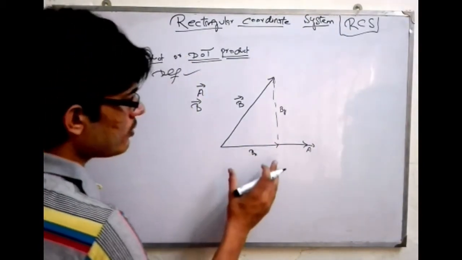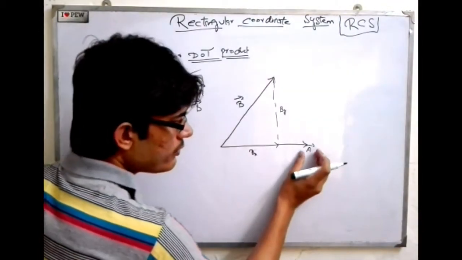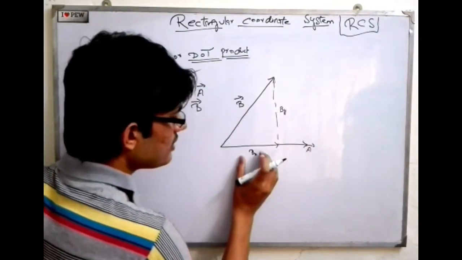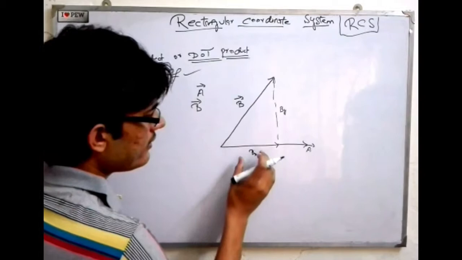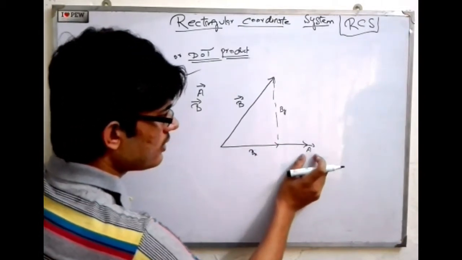The scalar product may be defined as the magnitude of the first vector times the component of the second vector, and that component must be in the direction of the first vector.